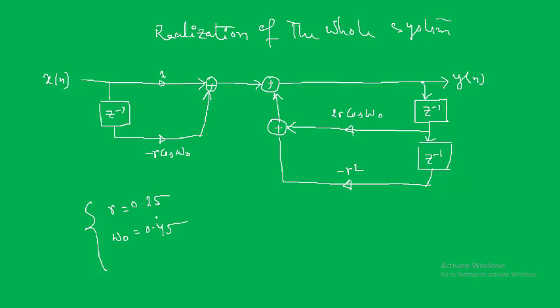Use these values and find some numerical numbers. Try it with other values, say r equal to 0.1, omega naught equal to say 0.3. So this kind of values you can put, and you can see how the weights are changing, filter coefficients are changing. Okay, so here we end today's discussion.